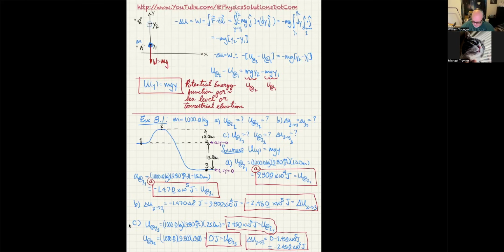Now, the elastic potential energy, we've already worked that out. I did that integral before. Remember, this all came from F spring equals negative kx.